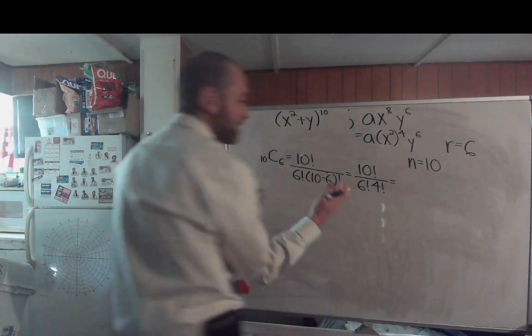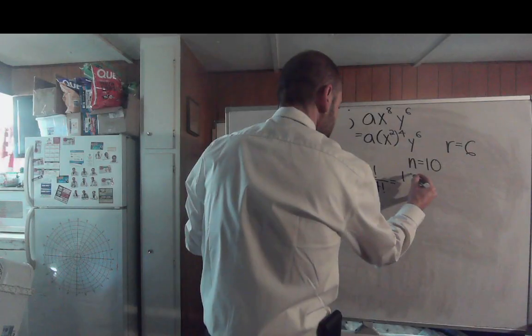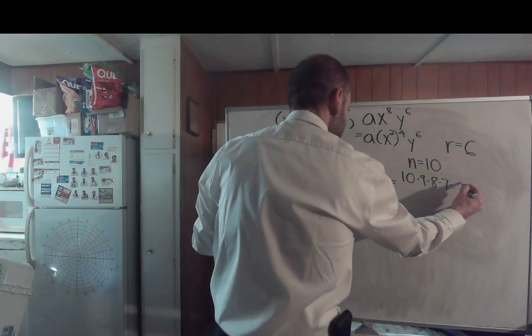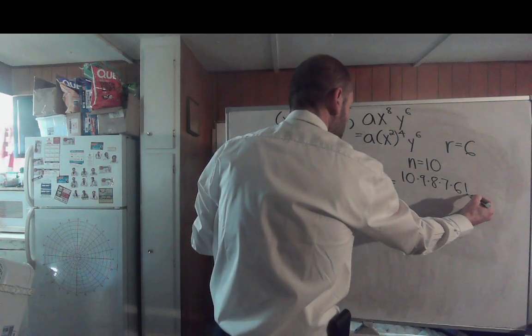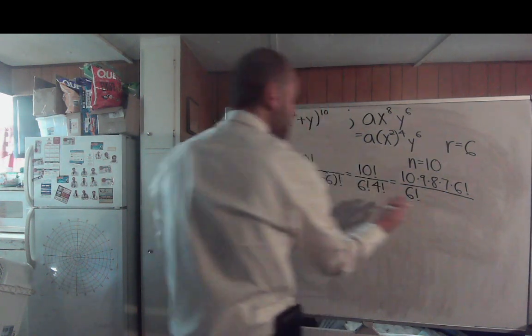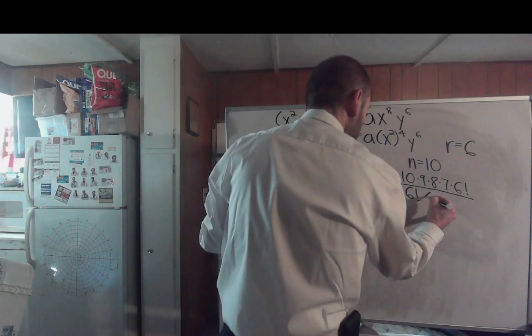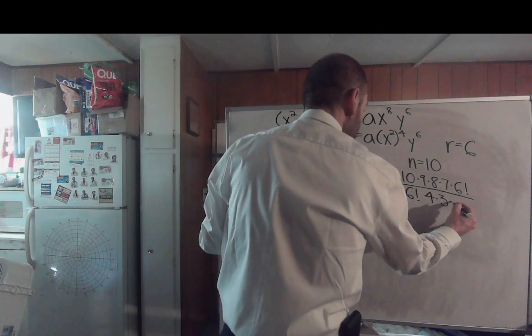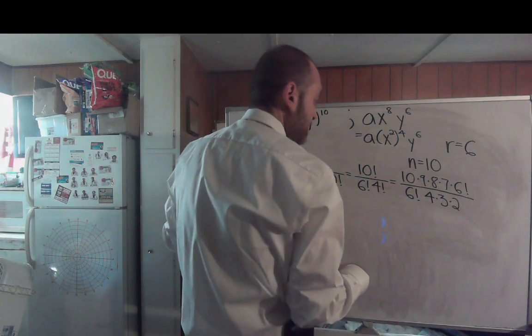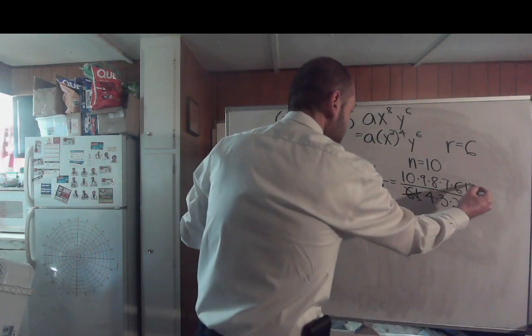Well, that 10 factorial will change into 10 times 9 times 8 times 7 times 6 factorial all over 6 factorial, and then we can expand out the 4 factorial into 4 times 3 times 2, and there's a default times 1 that we're not even going to write. Notice your 6 factorials cancel out.